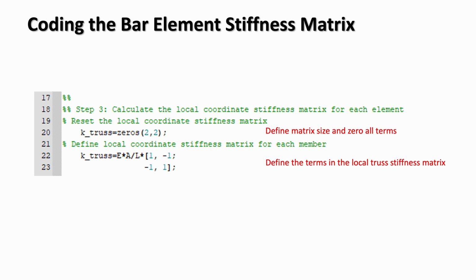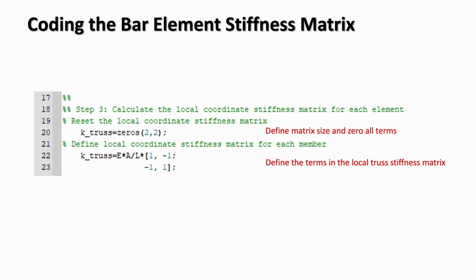To define the local stiffness matrix, we first need to create the stiffness matrix. We make sure it's the right size. It's a matrix of 2 by 2. And we need to ensure that all the terms are zeroed. So you can see here in this reset the local coordinate stiffness matrix, I've got K truss equals zeros, size of 2 by 2. We then enter, on the line below, the terms that we discussed for each member stiffness influence coefficient.